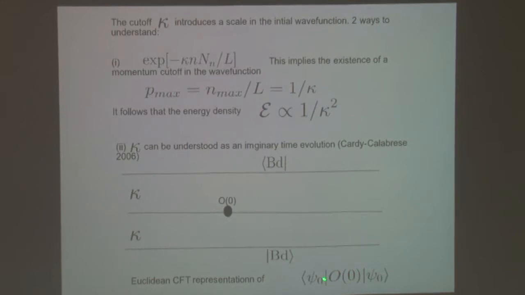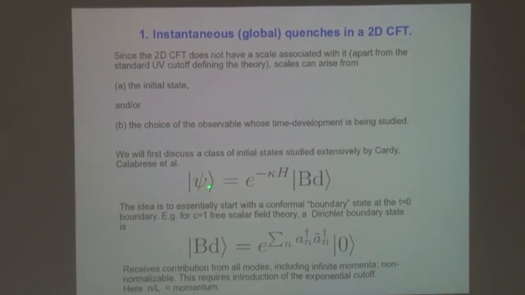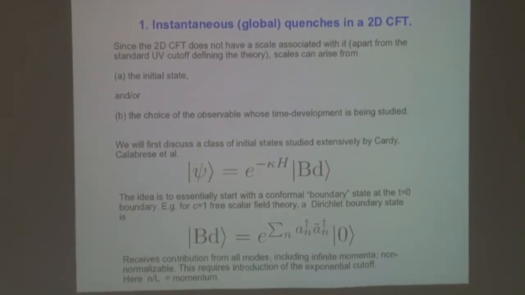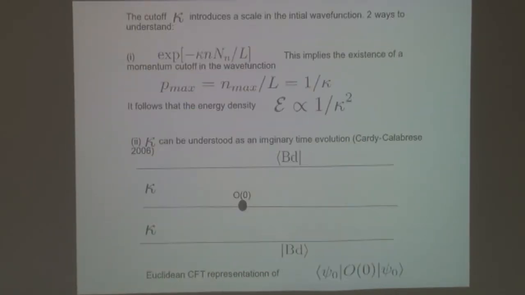So what is my initial state now? I have called this psi naught later on. My initial state starts from a boundary state. This is my imaginary time direction, and I do an evolution by some imaginary time kappa and reach here. This is my time slice t equal to 0, and I insert an operator here.